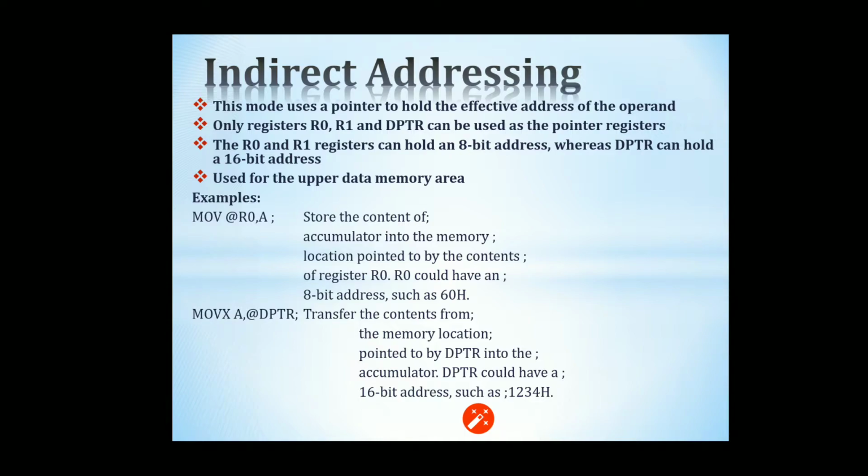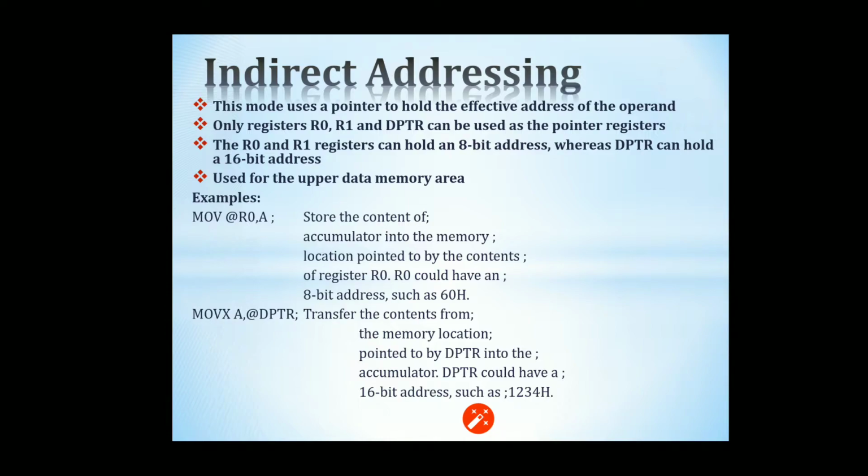It is used for the upper data memory area. For example, MOV @R0, A. This instruction stores the content of the accumulator into the memory location pointed to by the content of register R0. R0 could have an 8-bit address such as 60H.